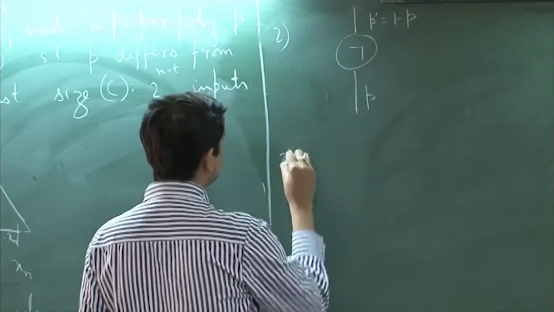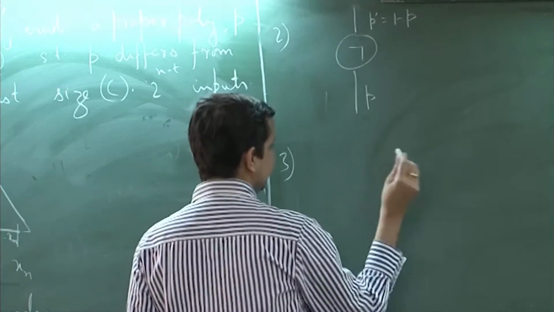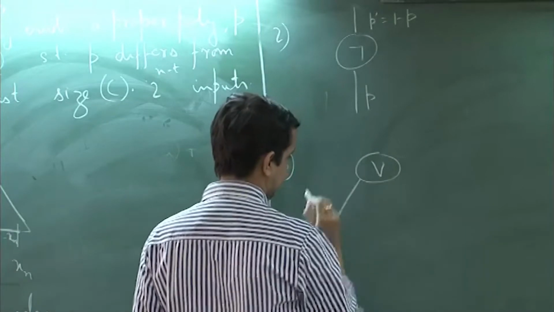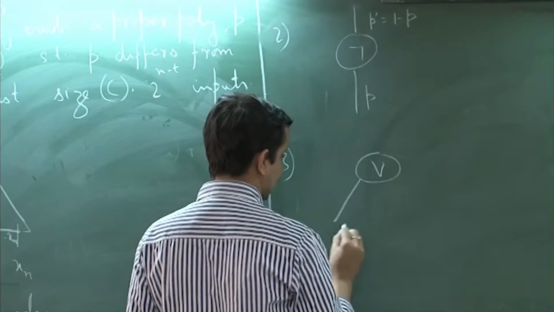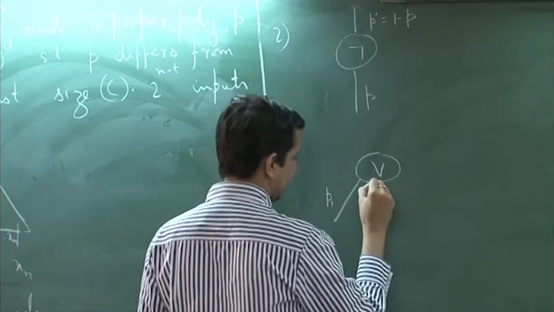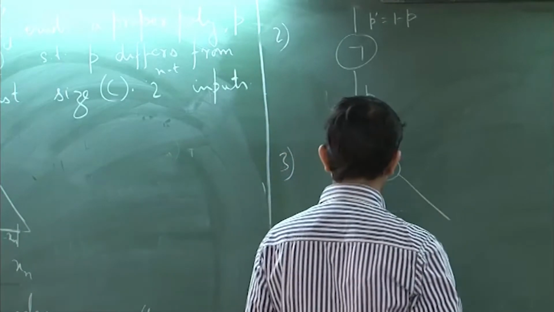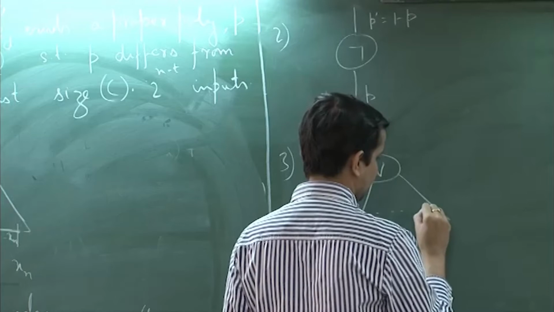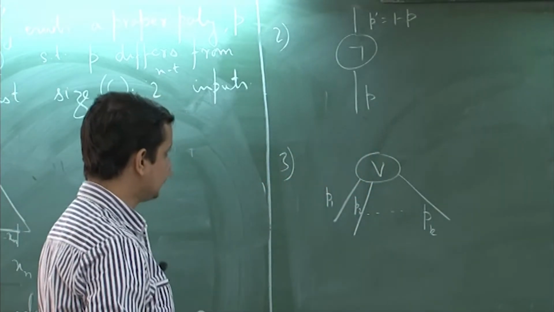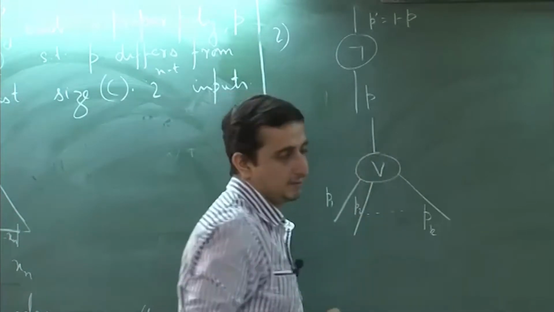The third case is the non-trivial case. So, suppose we have an OR gate that has on its input edges the polynomials P1, P2, and so on till, let us say, Pk. We want to associate a polynomial to the output edge.